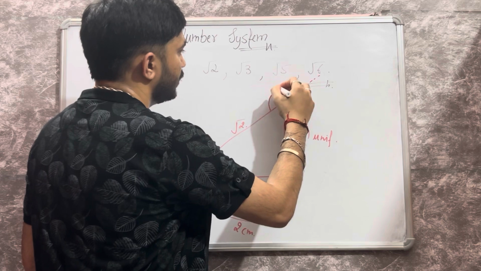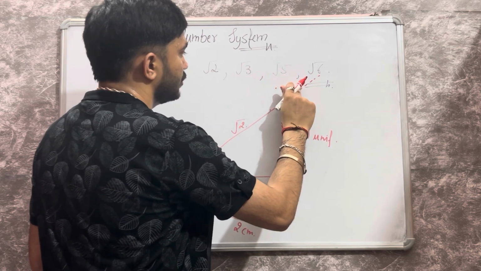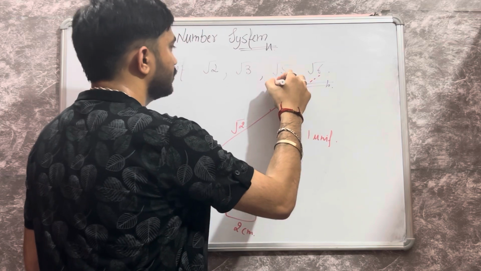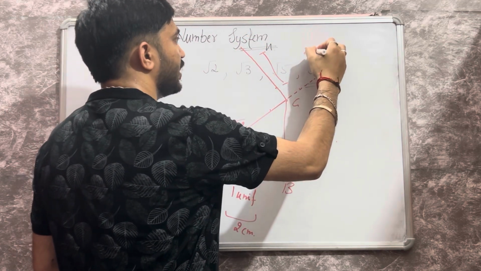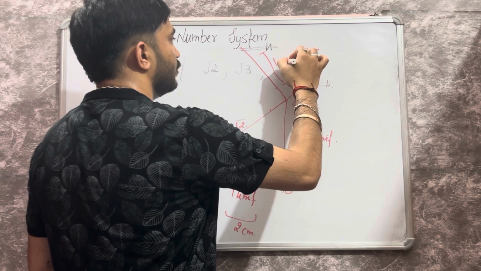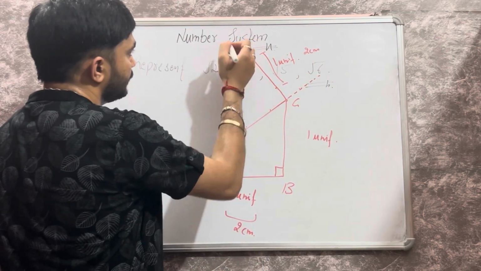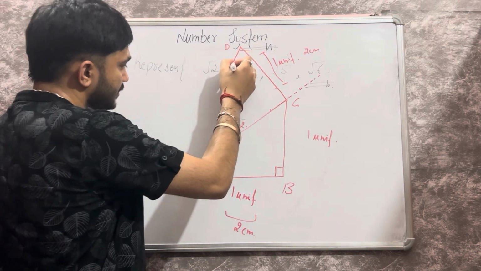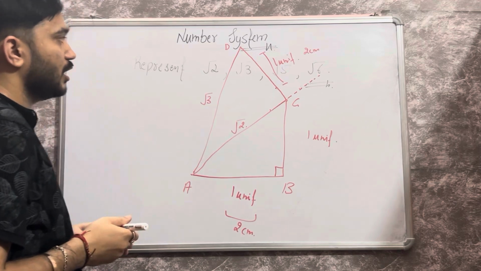So you will take a 90-degree angle here, join these 2 points, and take the distance here 2 centimeter as well, and write it as 1 unit. Now name this point D and join this AD. This is under root 3 that we are talking about.